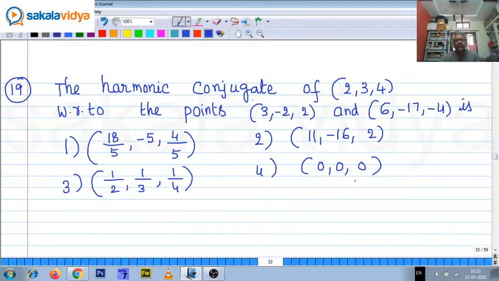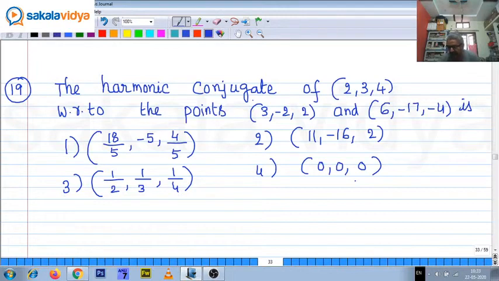For example, if the ratio is negative, it means (2, 3, 4) divides the points externally. With the same ratio, find the point which divides the given points.